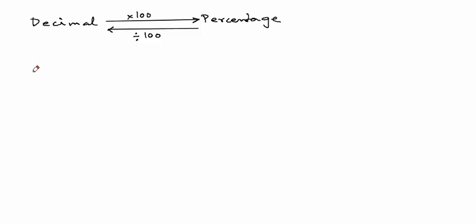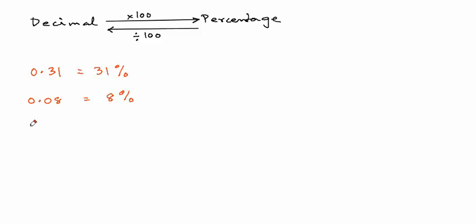So the decimal number 0.31 is equivalent to, multiply this with 100, meaning move the decimal point 2 places over to the right, 31%. Similarly, the decimal number, let's say 0.08, is equivalent to 8%, because if you move the decimal point 2 places over to the right, meaning multiplication with 100, you get 8.